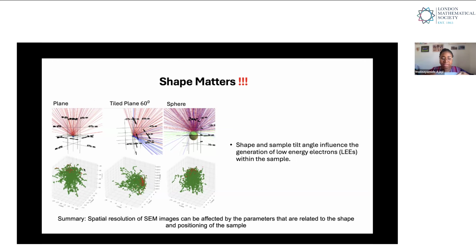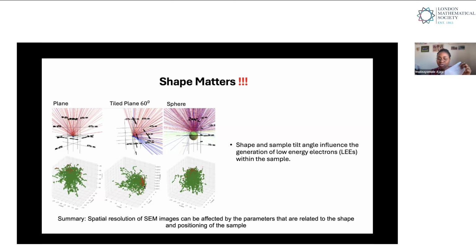When it's a flat plane, the interaction is different, and the red ones are the low energy electrons that escape from the sample, and the green ones are the ones that end up being trapped within the sample that is being measured. So when you tilt this plane at 60 degrees, for example, you will see that the interaction is also different.